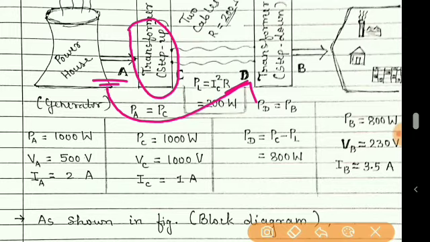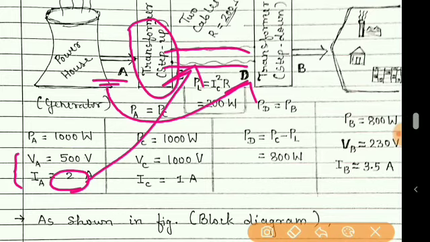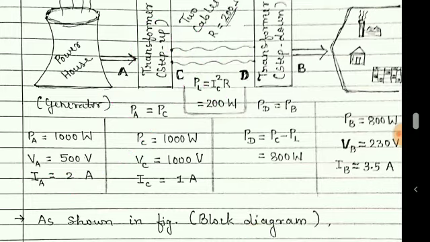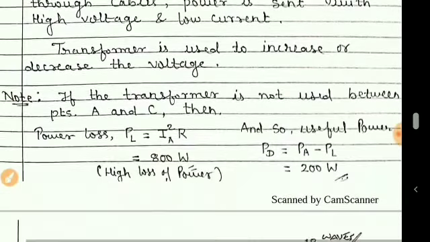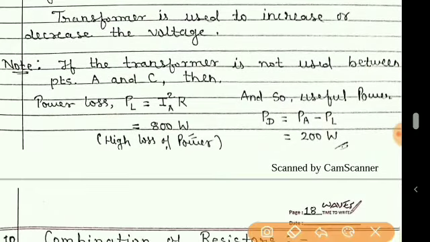In that case, you can see here the current is 2 ampere, and whenever these cables are used and if this much current is passing through these cables having resistance 200 ohm, then the loss of power through cables will be PL. Again it is loss of power.